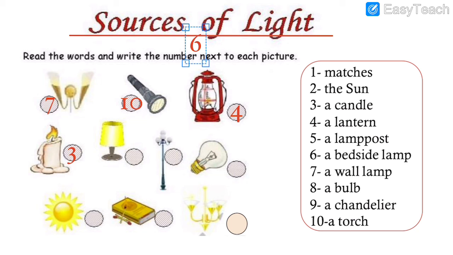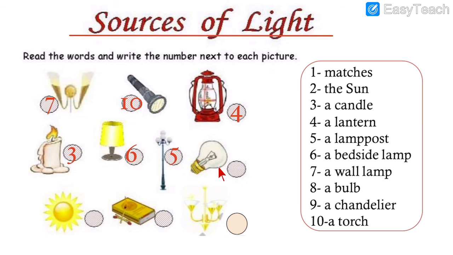So let's write 6 over there, a beside lamp. Over here, what image is this? This one is a lamp post. You might have seen on the road. Number 5, a lamp post. So we'll write 5 over there near the lamp post.